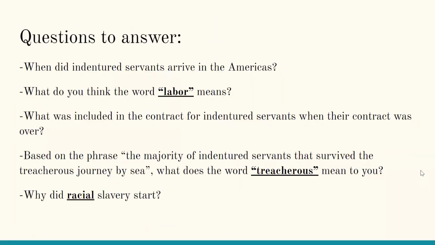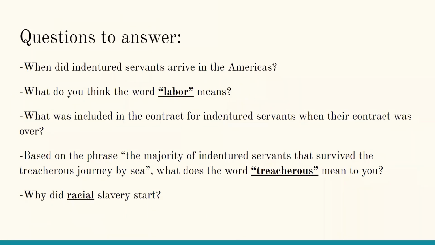Okay, so that was the last passage that we have to read, and the questions that we're going to answer using all of the passages we've read are these. When did indentured servants arrive in the Americas? What do you think the word labor means? What was included in the contract for indentured servants when their contract was over?